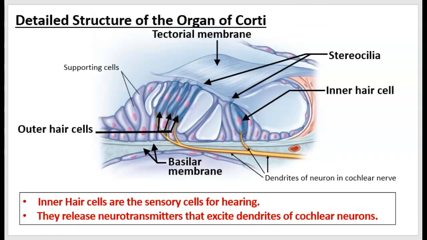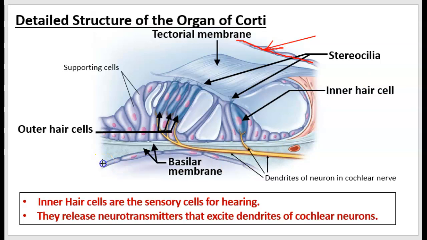Okay, to understand how the hair cells and the organ of Corti function, how they become excited to even send a signal into that neuron of the cochlear nerve, we need to look at the structure of the organ of Corti in more detail. So this is the vestibular membrane that I've just drawn an arrow to, okay?